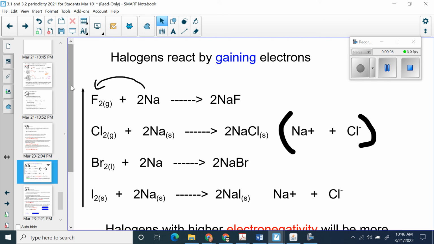Okay, so all halogens react by gaining electrons, right? So if you reacted sodium with fluorine, chlorine, bromine, iodine, you get sodium fluoride, sodium chloride, sodium bromide, sodium iodide. And again, these are all super reactive halogens, a super reactive metal, and then very stable compounds.